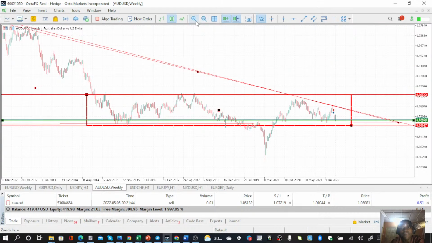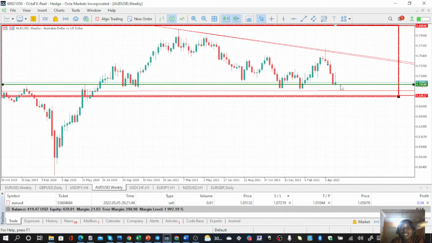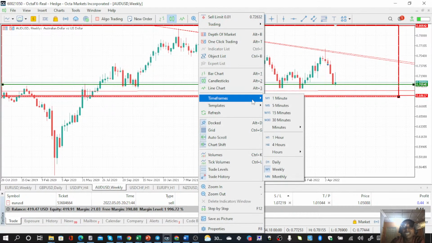So price has a high probability of dropping to touch this level, this previous support level. Now let's check the daily time frame.